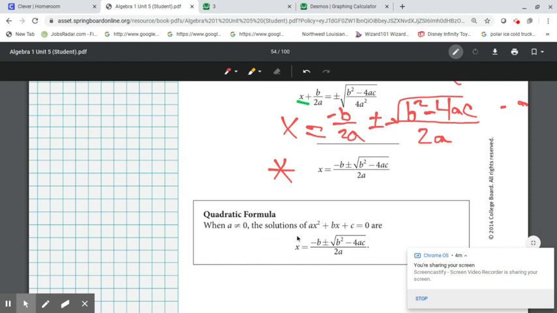And standard form is ax squared plus bx plus c equals 0. And you can plug in your coefficients a and b and the constant c, and that will give you your solutions to any quadratic equation. Remember, your solutions is where it crosses the x-axis, so that will give you your x-intercepts.